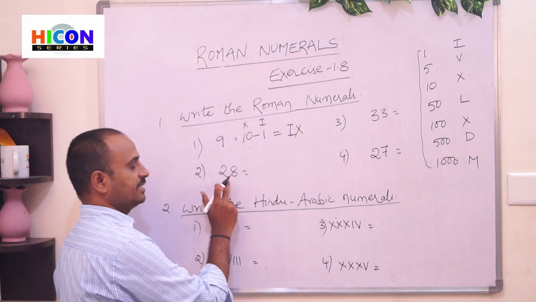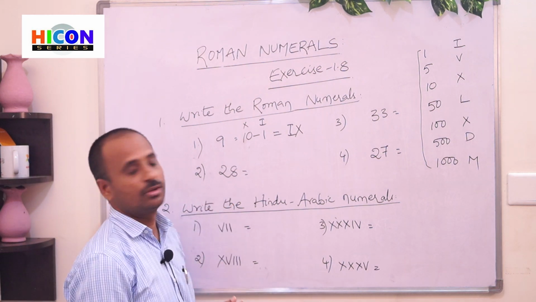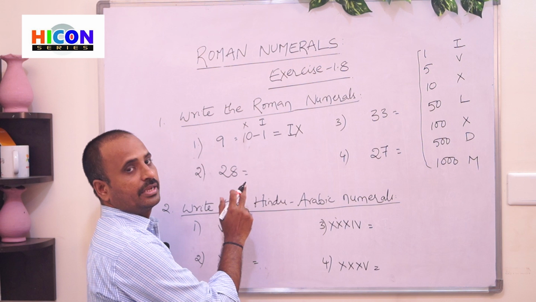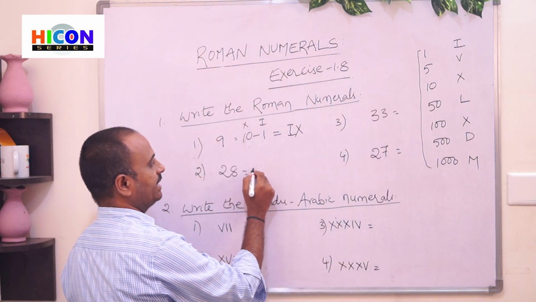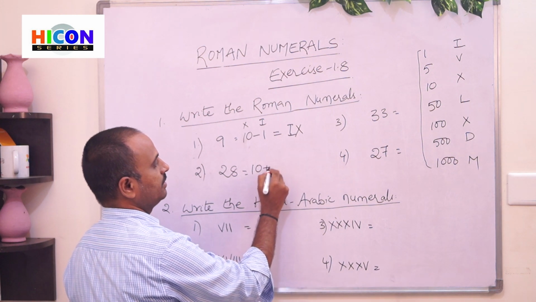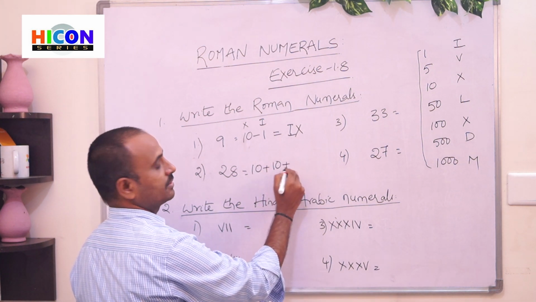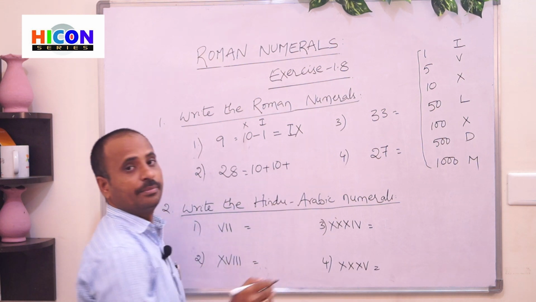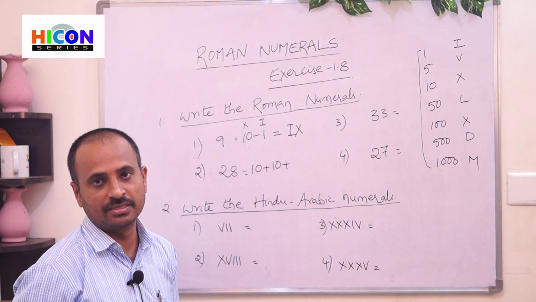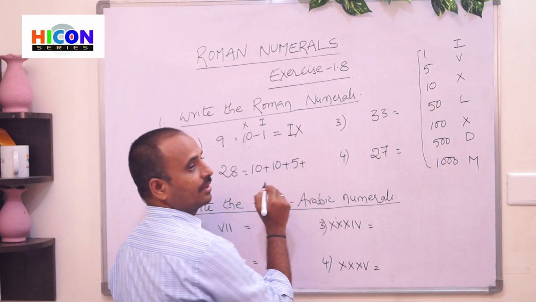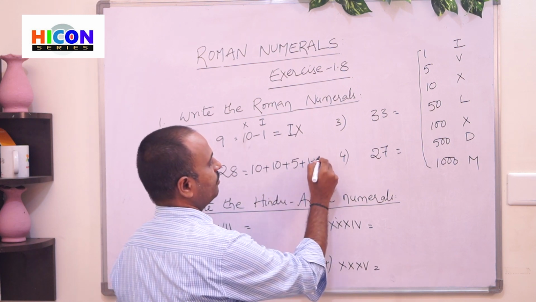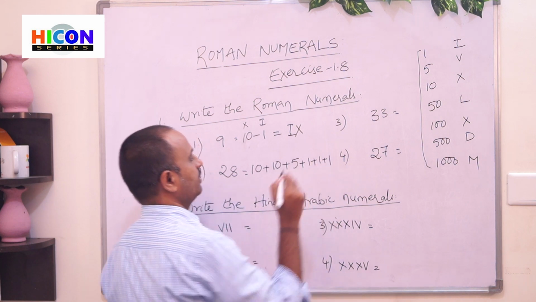So children, see the second one, 28. Now split this number in terms of the Hindu-Arabic system. 28 can be written as 10 plus 10 plus 8, and 8 can also be split into 5 plus 1 plus 1 plus 1.